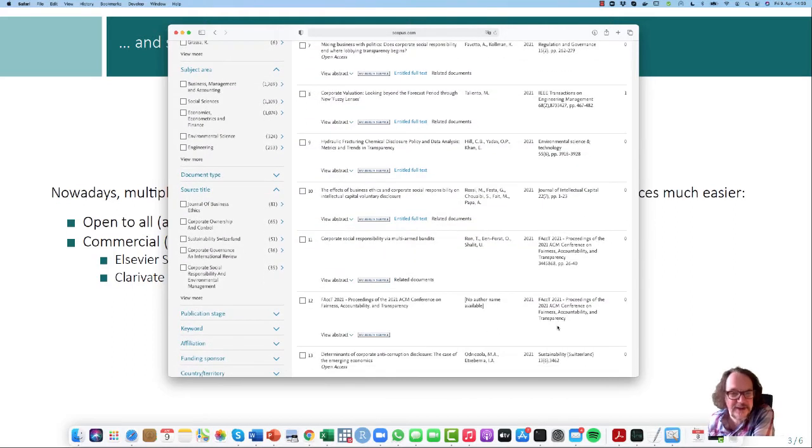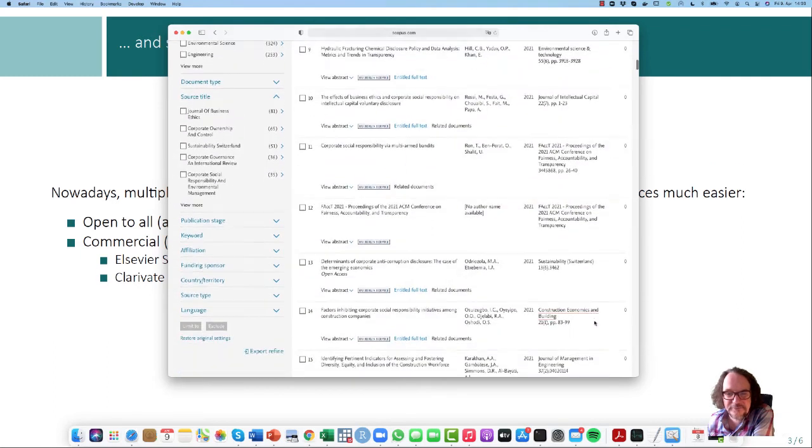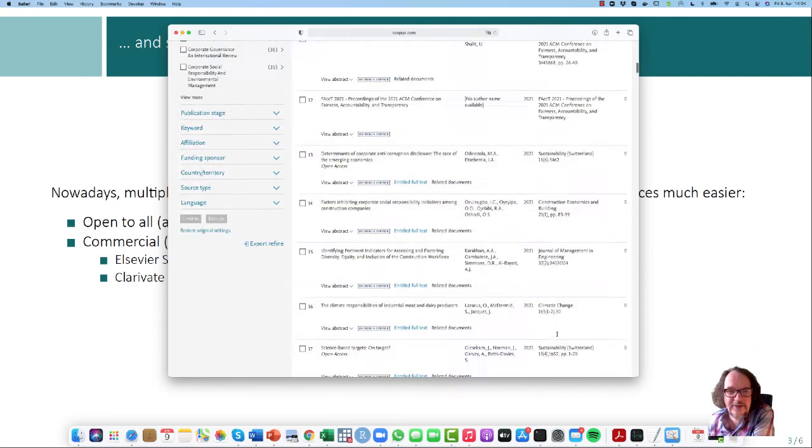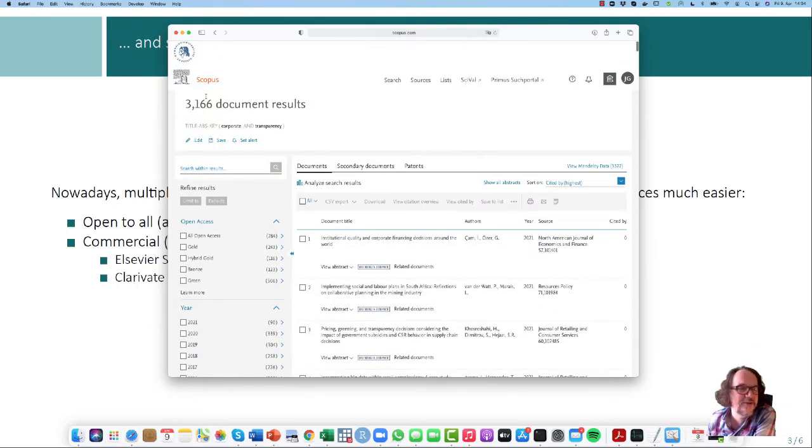But you already see that there are some studies that sound interesting, but at the same time, there are a lot of studies, right? So you looked for corporate transparency and you found 3,166 documents. So nobody can expect you to read all these documents, right?